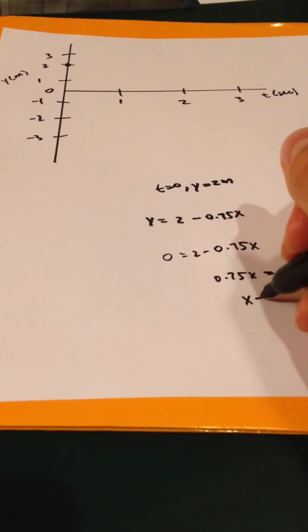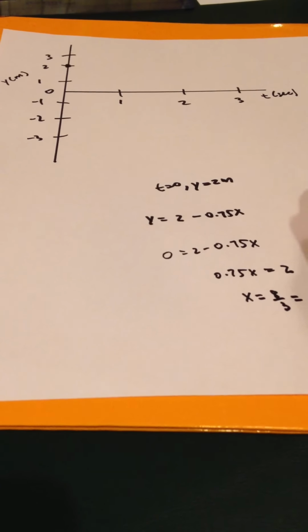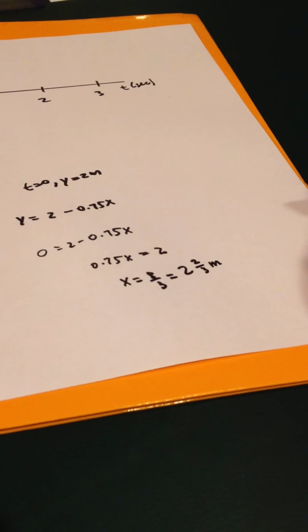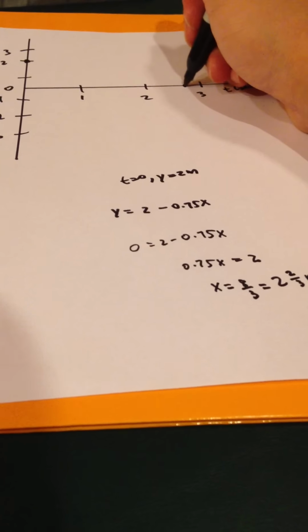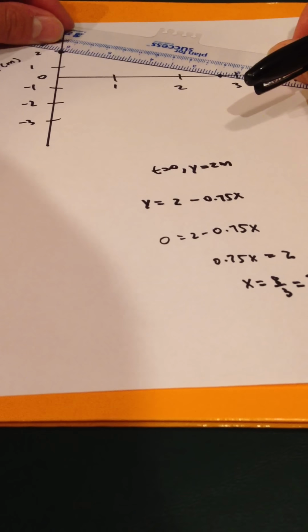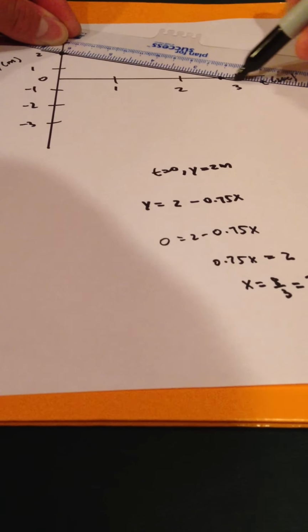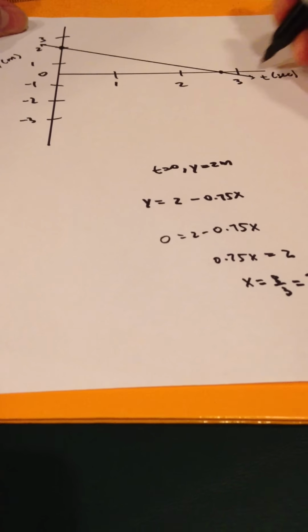Dividing by 0.75, x equals 8/3, which is the same thing as 2 2/3 meters. And on the graph, that's approximately right here. Now we can take our straight edge and connect the points, and this is the path that the box takes.